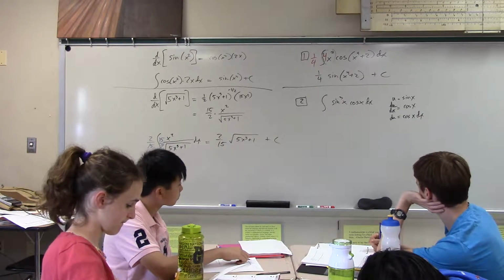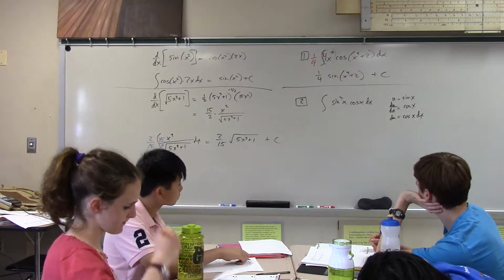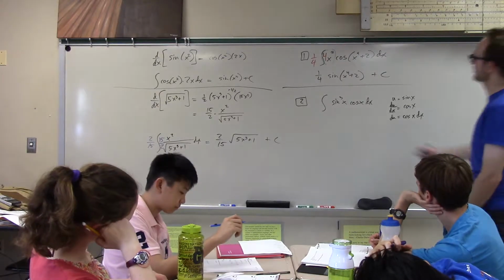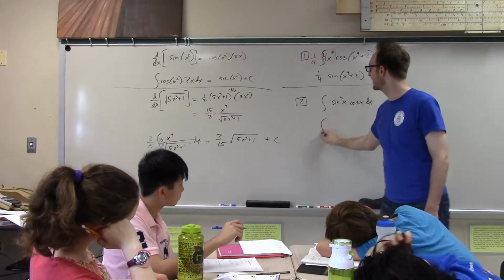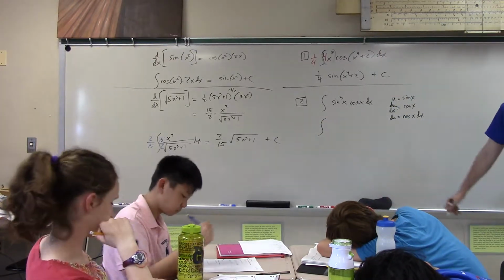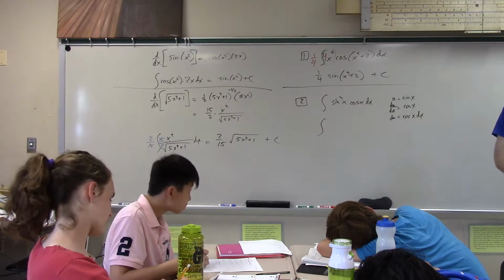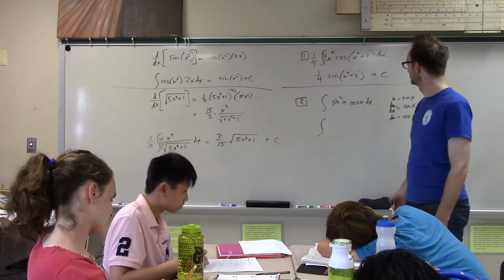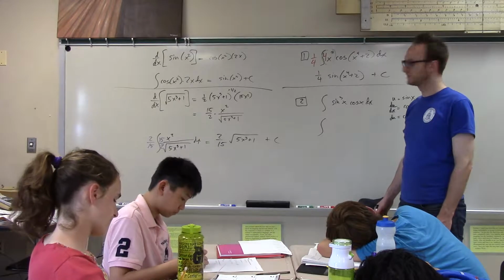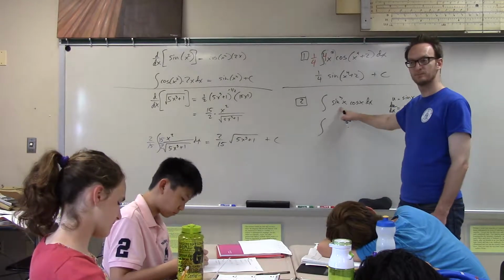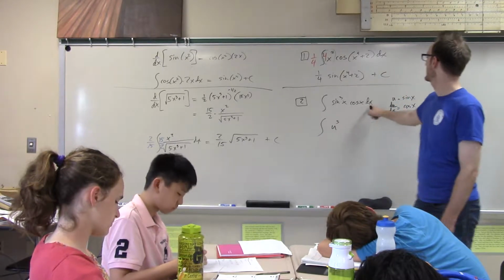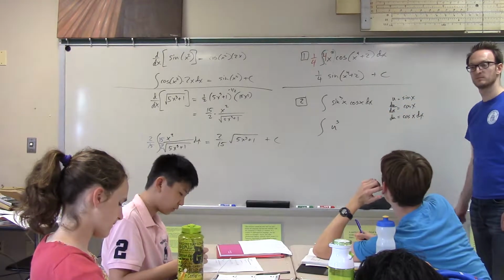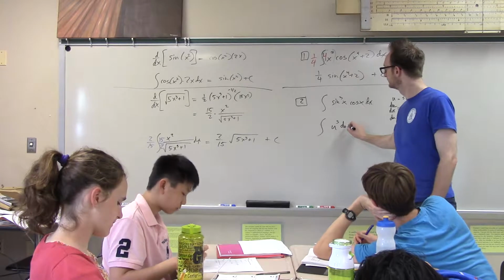And now we will rewrite the antiderivative problem in terms of u's. So instead of writing this as sine cubed x cosine x dx, I could instead write it as, almost, sine cubed becomes u cubed, and cosine x dx is du. Ta-da!